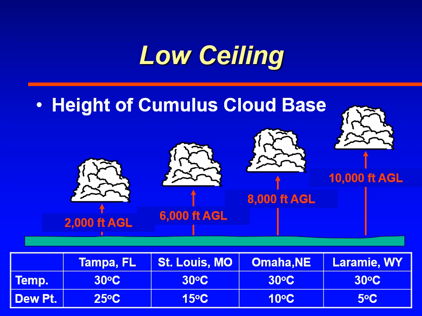If the summertime temperatures were about the same, say like 86 degrees Fahrenheit, which is 30 degrees Celsius, the dew point does vary significantly. Down at Tampa, it's pretty high. It's usually in the 70s, and that would give you very low cloud bases on the order of about 2,000 feet. But as you move west, as the moisture decreases progressively, cumulus cloud bases would go up.